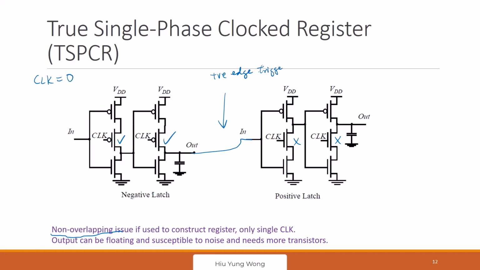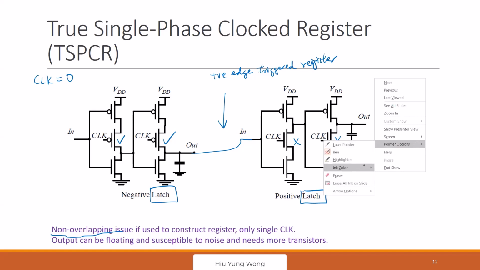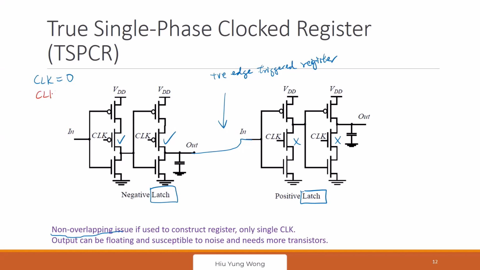Because on the left is the negative latch, transparent low. This is the positive latch, transparent high. Now, if the clock becomes 1, then this is off, this is off, this is on, and this is on.